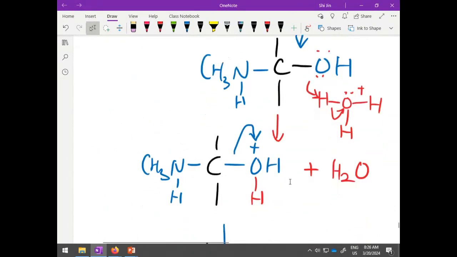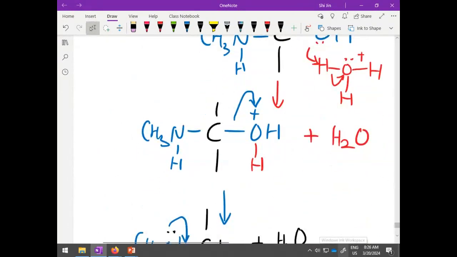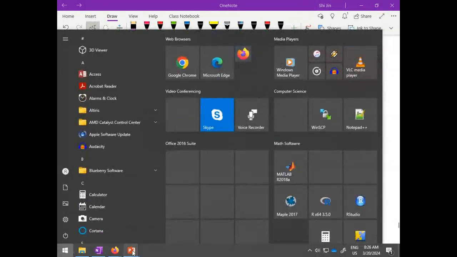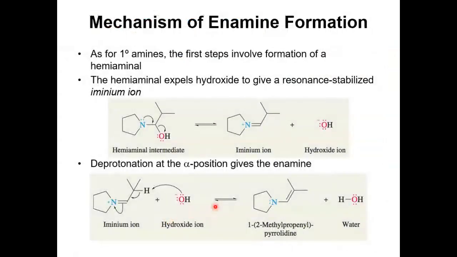You have a good leaving group, water can leave. But what if the reaction system is not weakly acidic, say weakly basic? If it's weakly basic, you are actually seeing a first example where the hydroxide ion can directly leave.